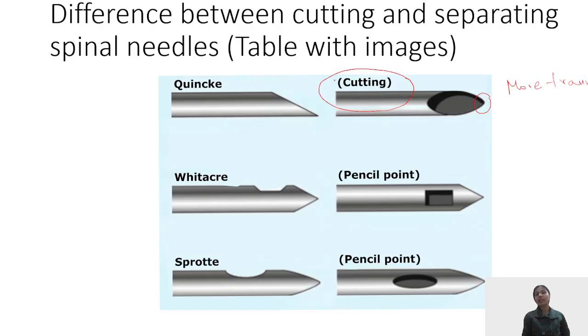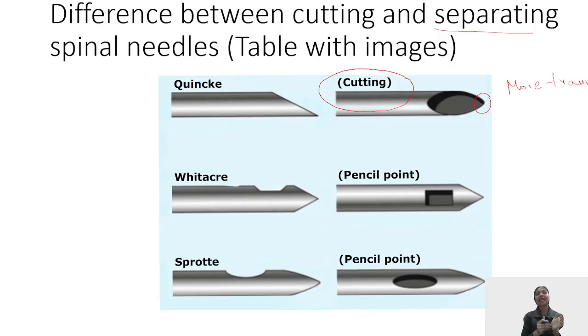So I repeat, the cutting needles are more traumatic, but the chances of failure are lesser in comparison to the dura separating needles. The dura separating needles are going to separate the dura mater, and when they come out, the dura mater is going to get closed. Whereas a cutting needle is going to cut the dura mater, and thus we can have inflammation in that area, which makes it more traumatic.